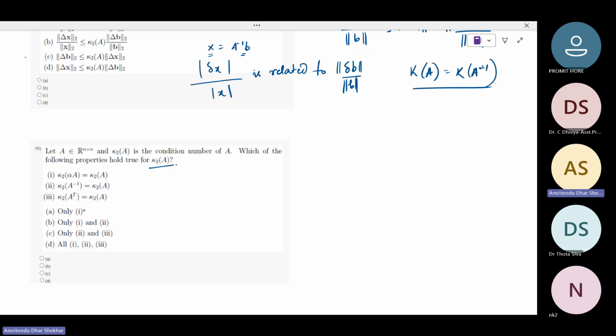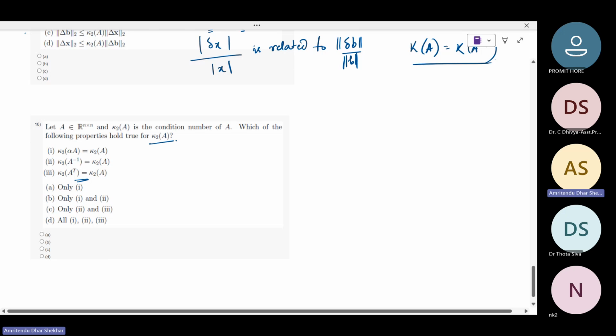It's the third property that we need to verify. For the third property, if you have two matrices, it suffices to prove or disprove that the norm of A is equal to the norm of A transpose.